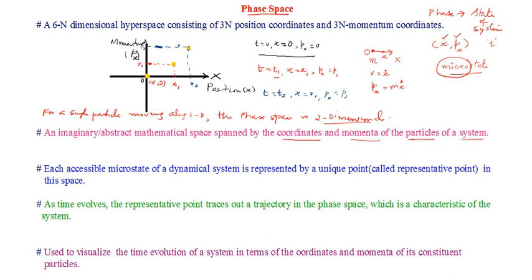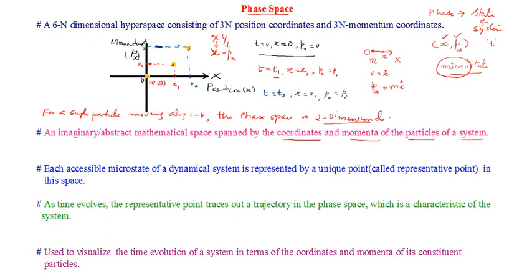Okay, so coordinate is taken along x-axis and momentum is taken along what? Y-axis. So can't you see that the state of the system at every instant is denoted by a point in the x-px plane. Okay, I'm writing like this, x-px plane, like we call xy plane. In place of x we have coordinate x, and in place of y we have what? Momentum. Instead of y coordinate, here we have momentum coordinate.